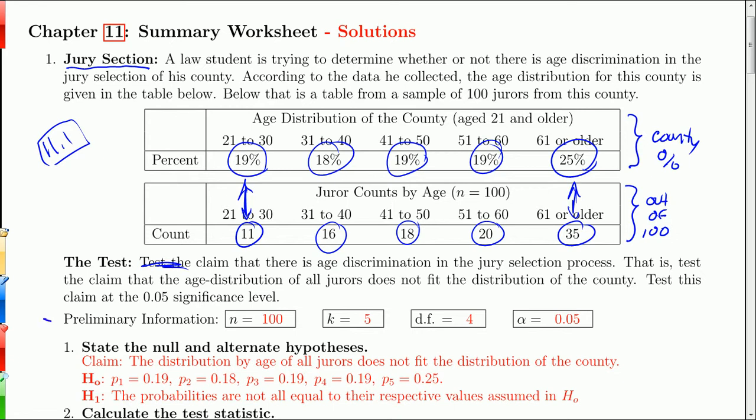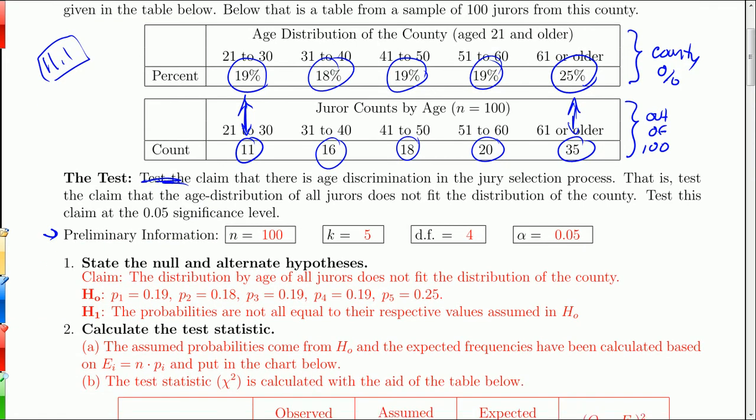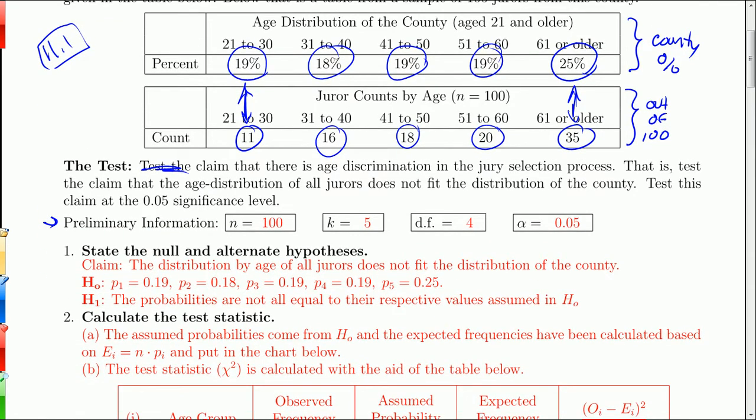We start off with some preliminary information, and we are looking for the test statistic. The test statistic here is the sum, over each category, of the observed frequency minus the expected frequency, all squared, over the expected frequency. You add all those up.